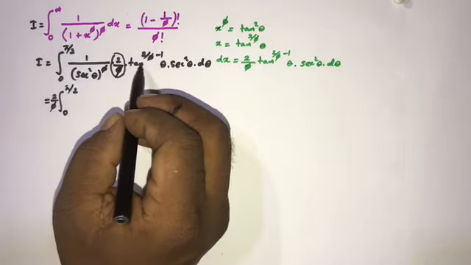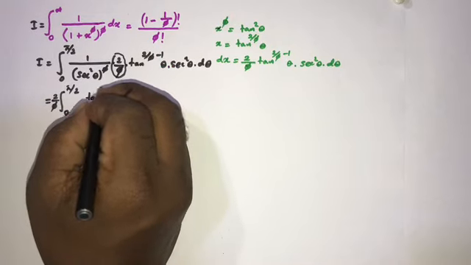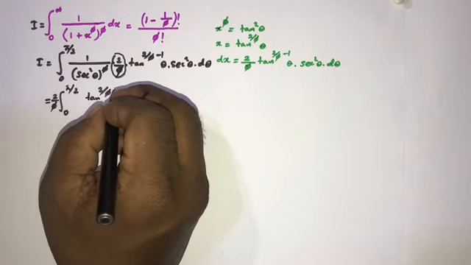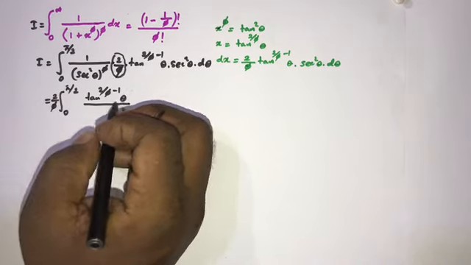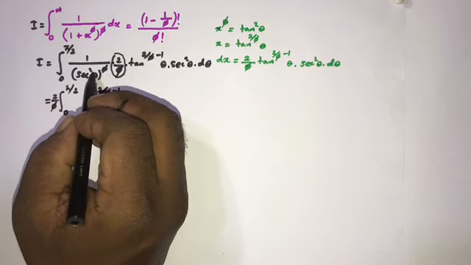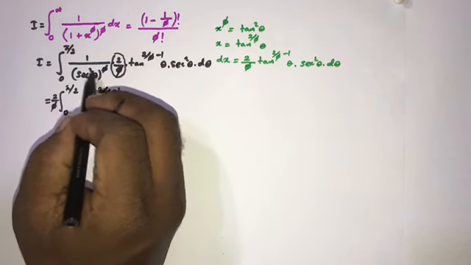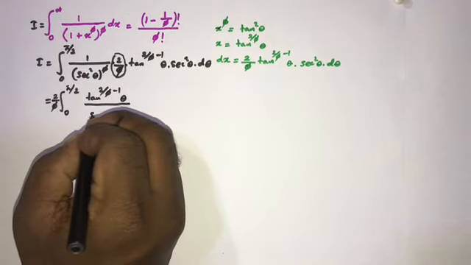And here now tan raised to the 2 over 5 minus 1 of theta over secant to the 2 times 5 of theta, and here secant square of theta. So we can simplify.